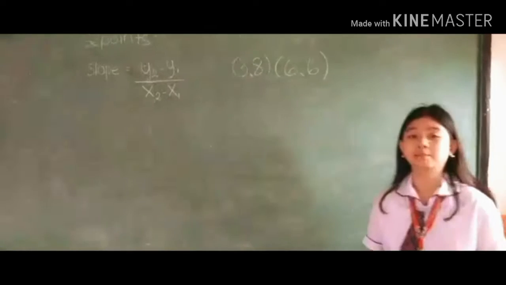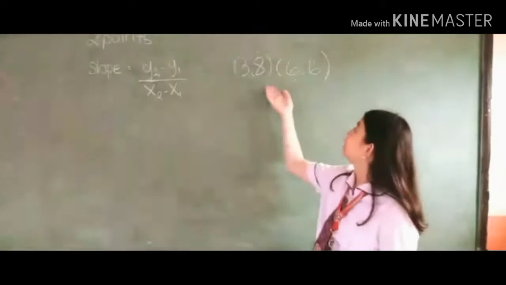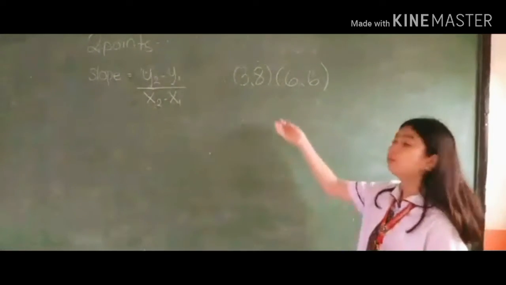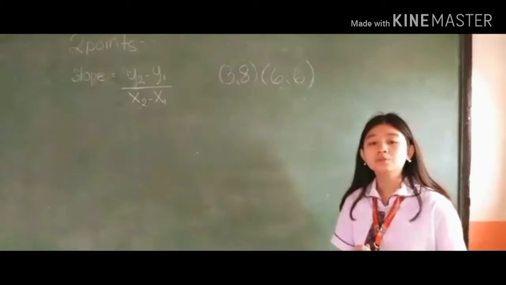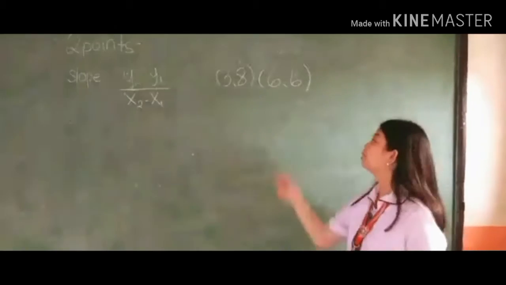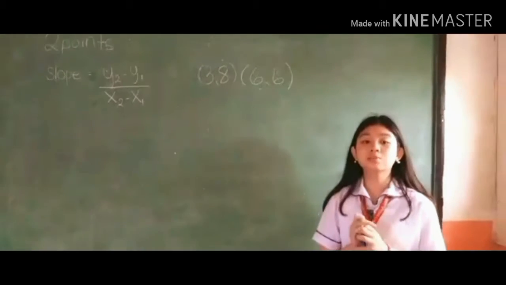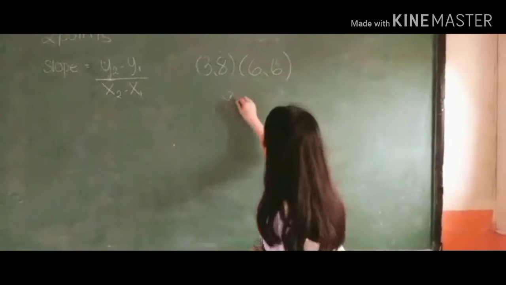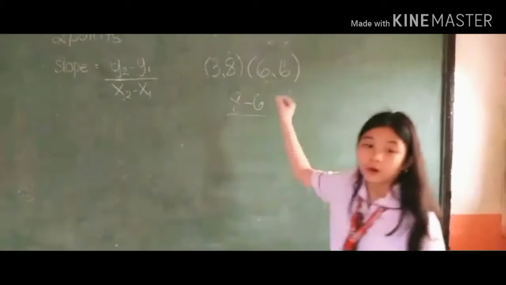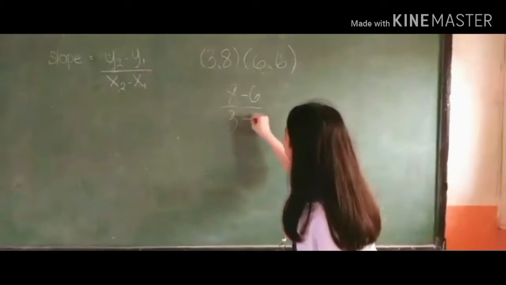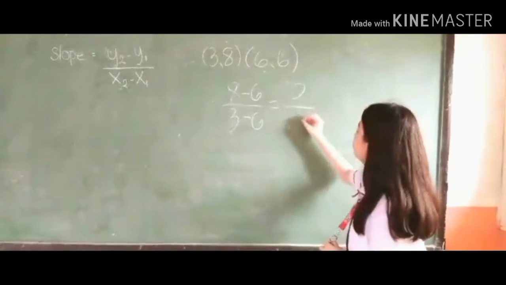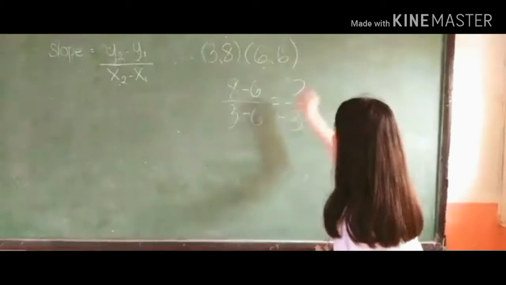Example. So we have (3, 8) and (6, 6). We use (3, 8) as our x2 and y2, and (6, 6) as our x1 and y1. So 8 minus 6 over 3 minus 6 equals 2 over negative 3.